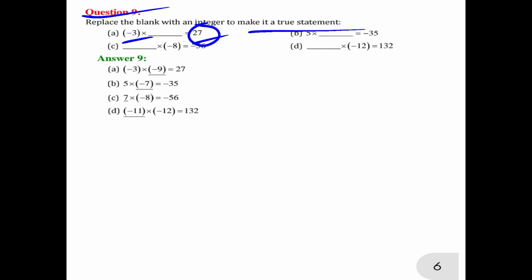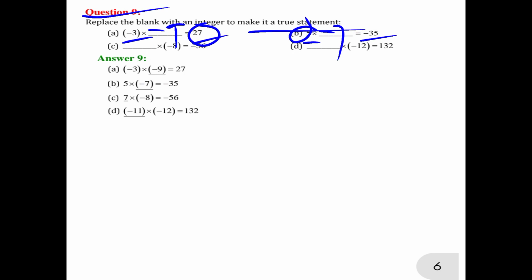There will be a positive 27 answer only when the other number is also negative. So the answer is negative 9, right? Another: what should be multiplied to 5 so that we get negative 35? Since this is positive, the other integer will definitely be negative. 5 sevens are 35, so negative 7, right?